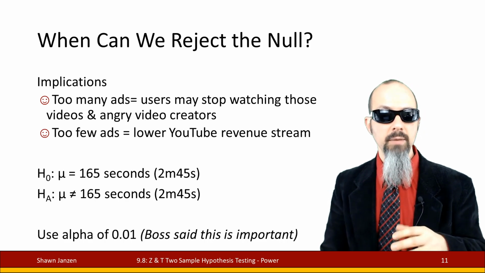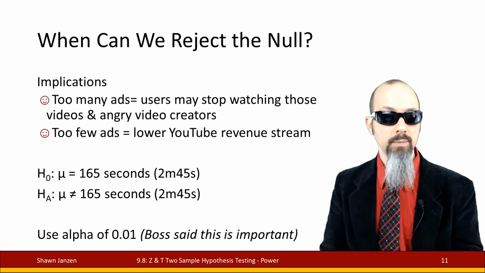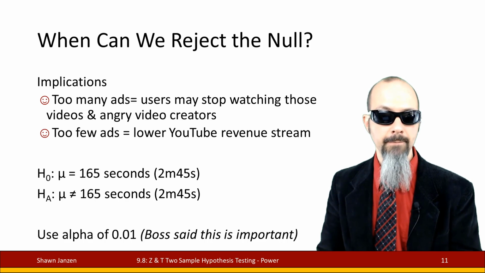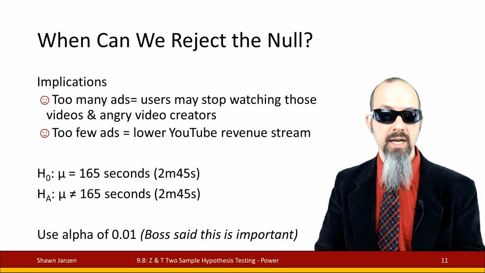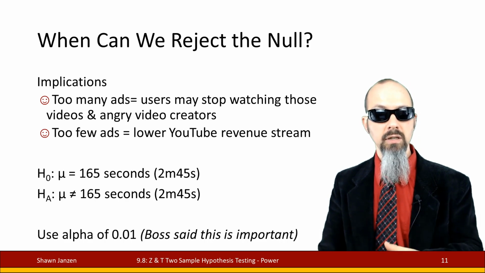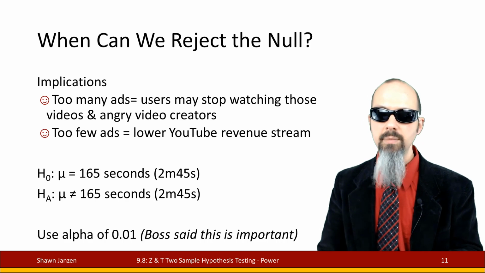So if I was going to go ahead and put this into hypothesis terms, my null would say that the mu is 165 seconds, which is the 2 minutes and 45 seconds converted. So that's going to say that the ideal time for advertisement placement is where it currently is at 165 seconds. And that the alternative is going to say, well, it's going to be something other than.